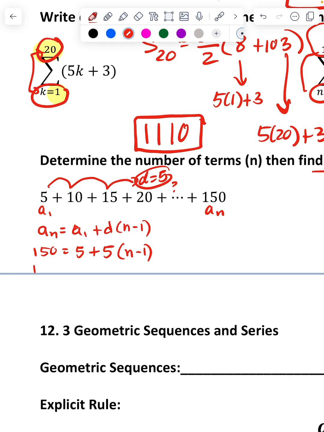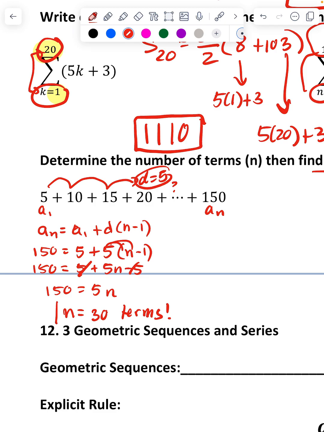Now I'm just going to solve like it's algebra 1. So I'm going to distribute that 5. And then I'm going to end up with 150 equals, these will cancel, 5n. So there are 150 divided by 5 is going to be 30 terms.